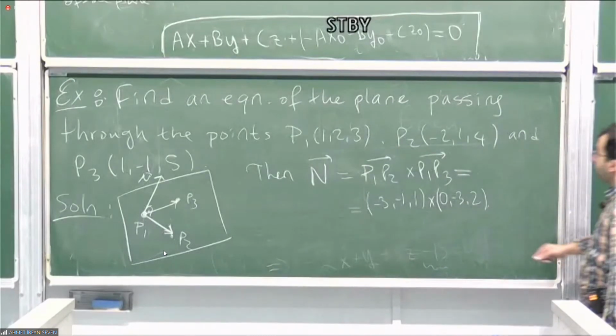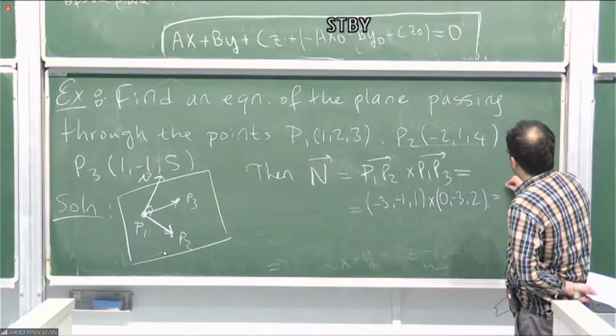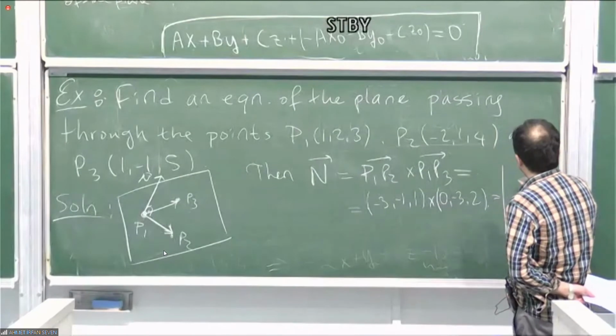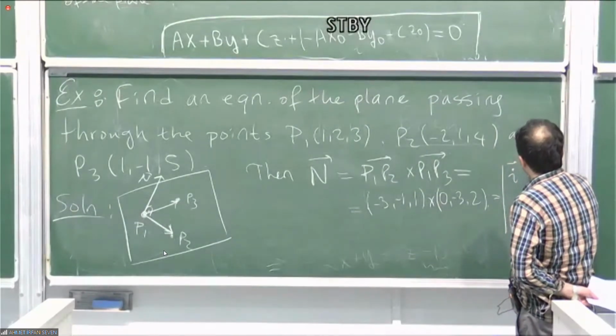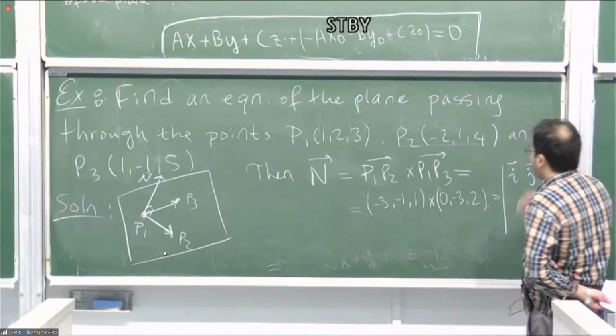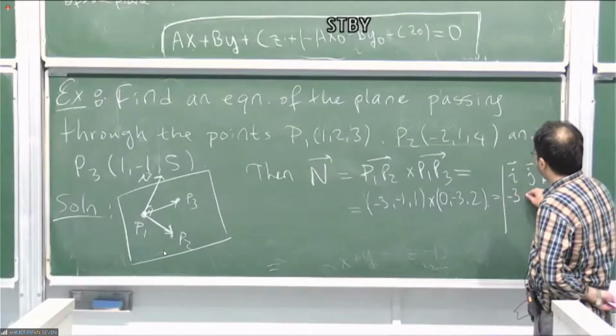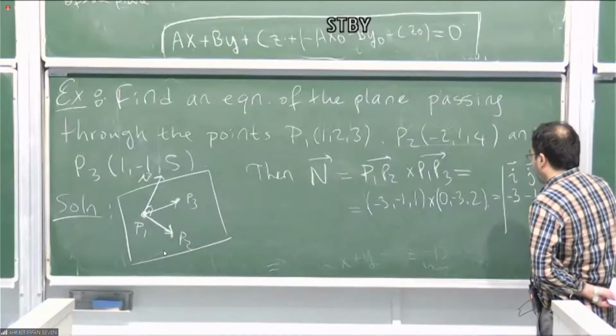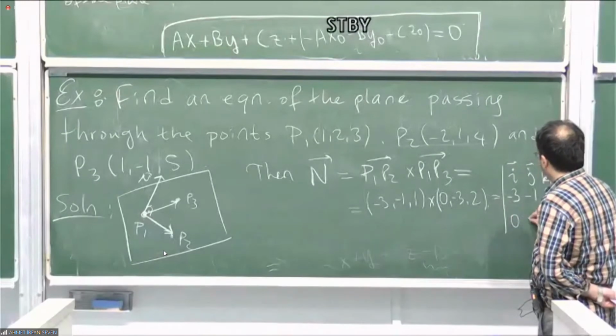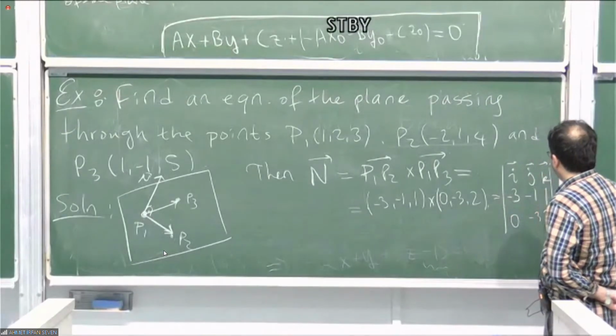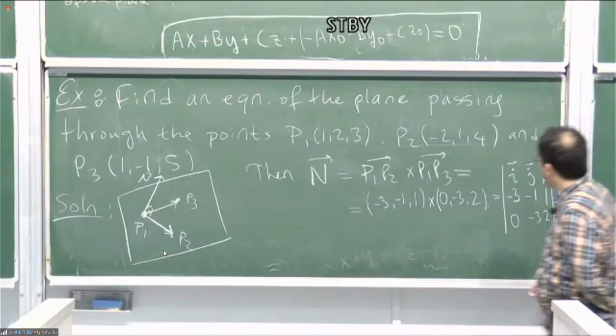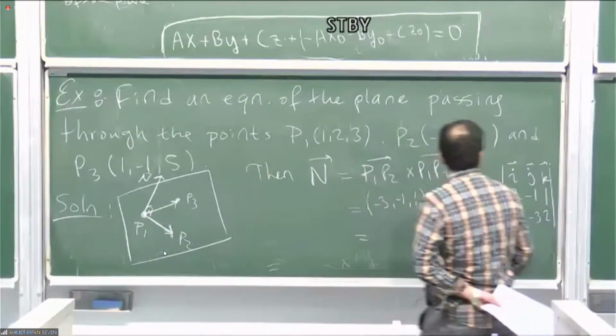Okay. Let's compute this cross product, meaning that we will compute this determinant: minus 1, 1, 0, minus 3, 2.